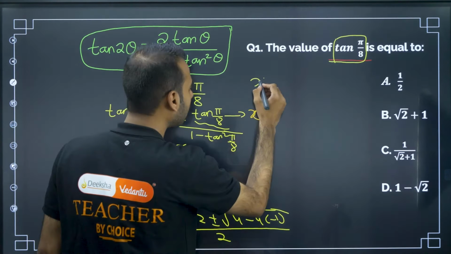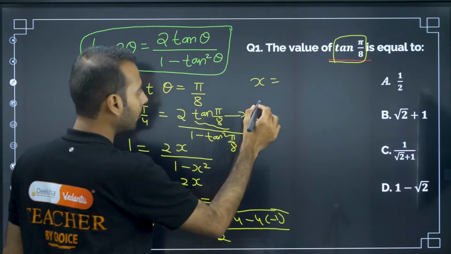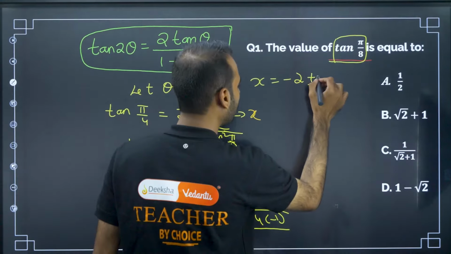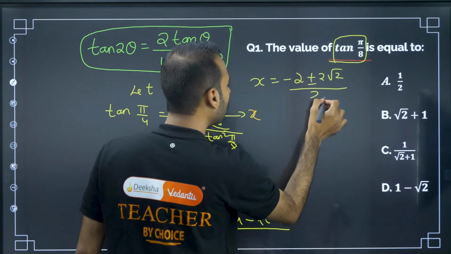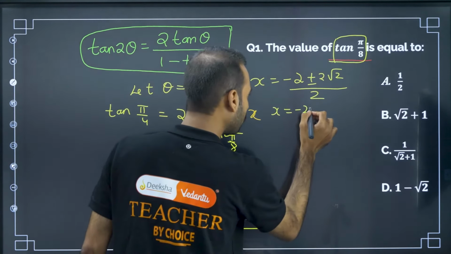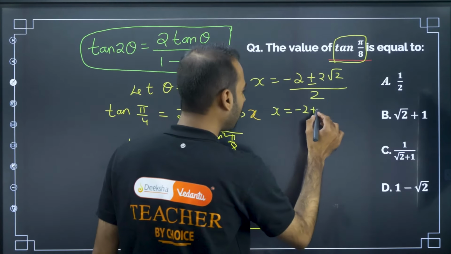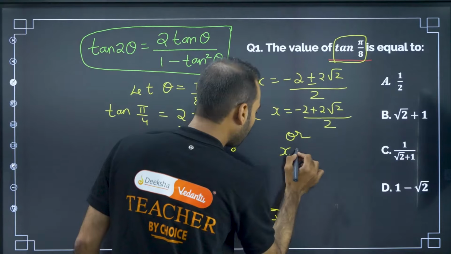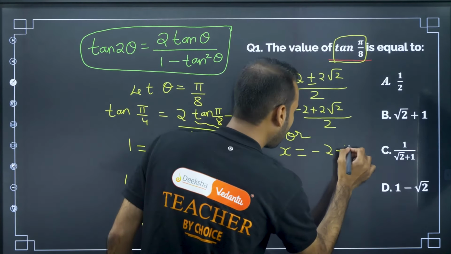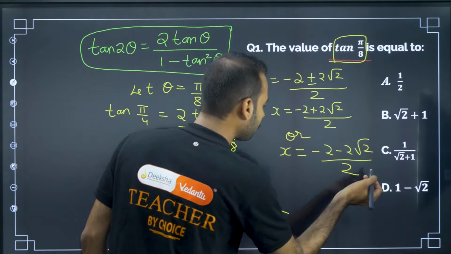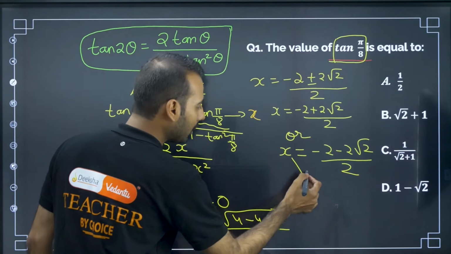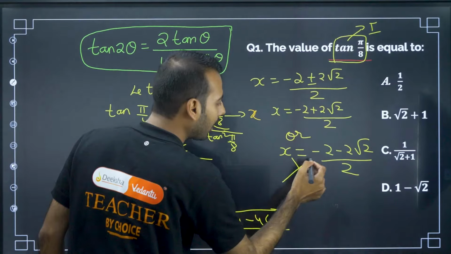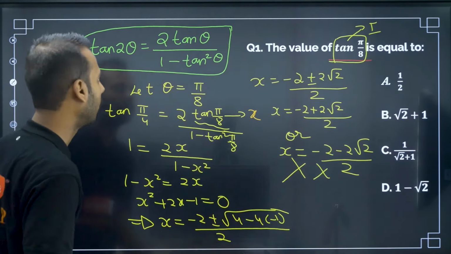So from here we can say x is equal to minus 2 plus or minus 2 root 2 by 2, which implies x is equal to minus 2 plus 2 root 2 by 2, or x is equal to minus 2 minus 2 root 2 by 2. There are two possibilities. This one I am discarding because tan pi by 8 will lie in first quadrant, and here we are getting a negative value, so this is not possible.